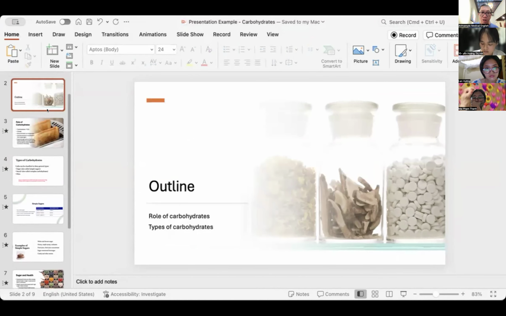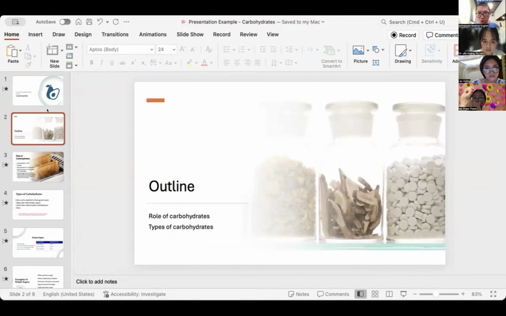We don't need to focus much on knowledge, but you should pay attention to how to present the topic. Like this slide: in my presentation today, I will introduce you to an overview of carbohydrates.